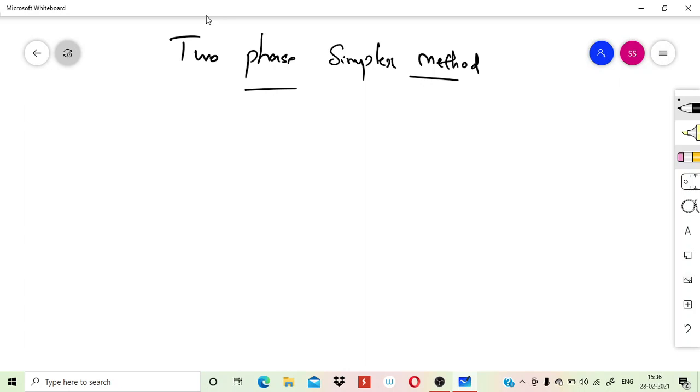Okay, so the question is, solve the LPP using the two-phase simplex method.